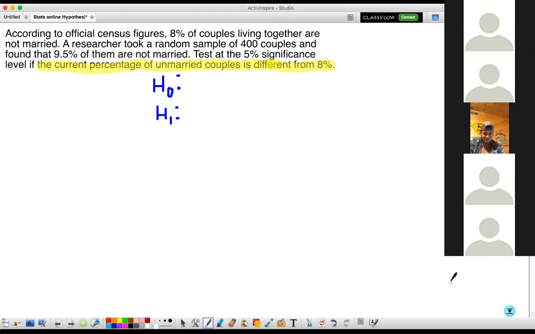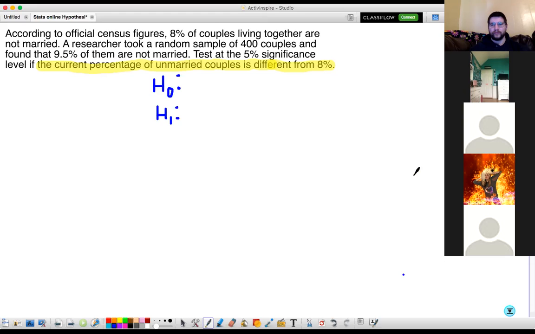Where does not equal to go, in the null or the alternative? The null. Not equal goes in the null.